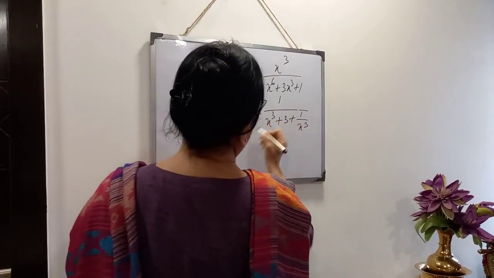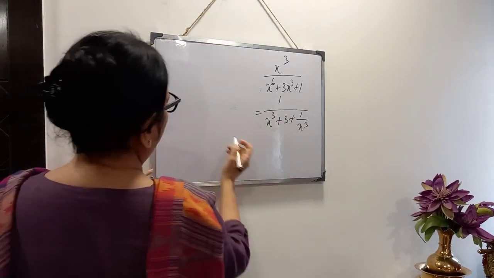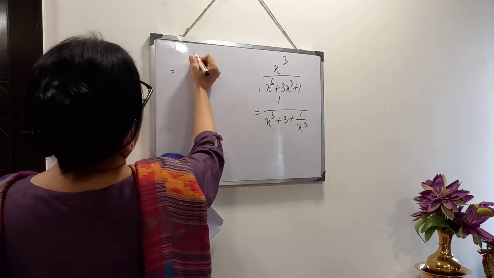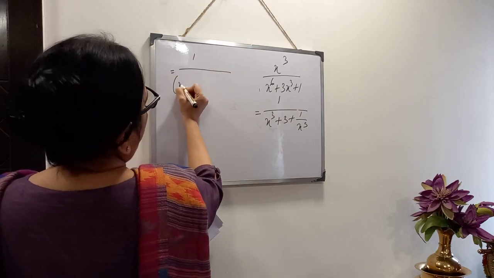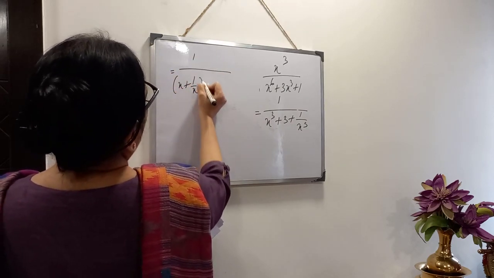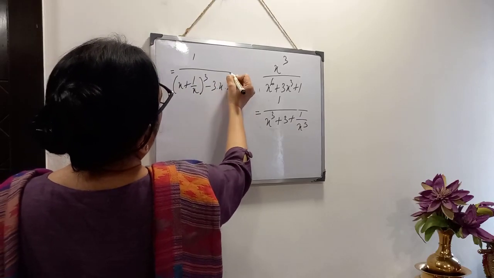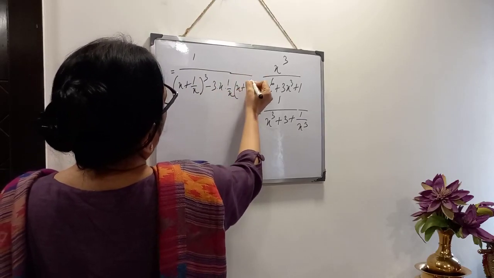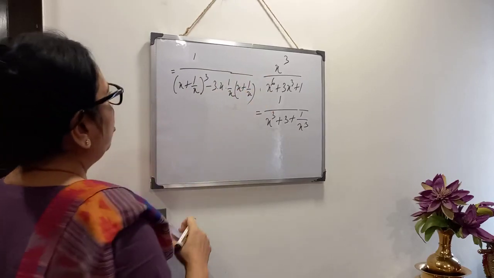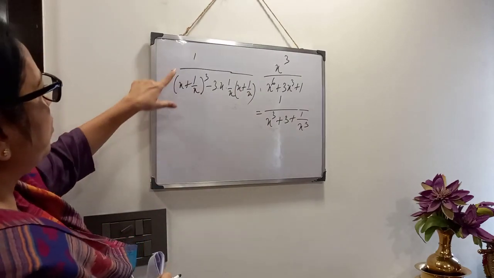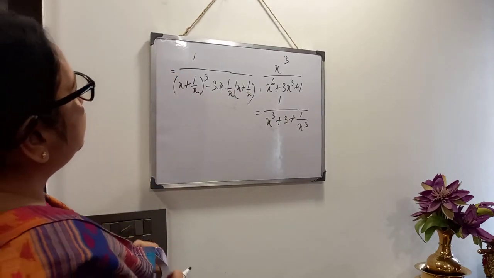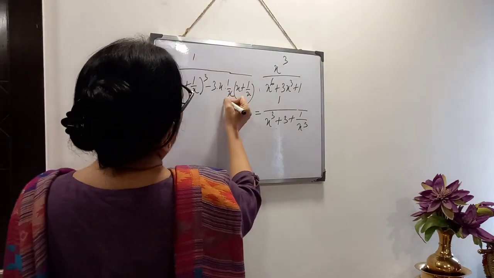X cube plus 1 by x cube means a cube plus b cube formula. What is that? A plus b whole cube minus 3a into b into a plus b. We know value of x, we know value of 1 by x. So, we can put here these values.